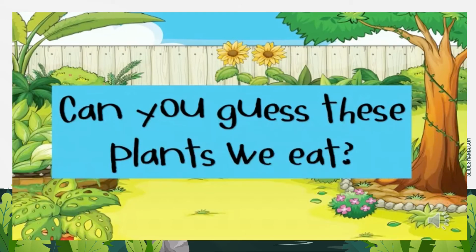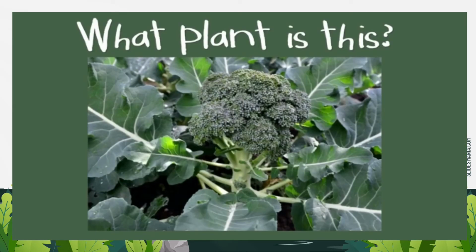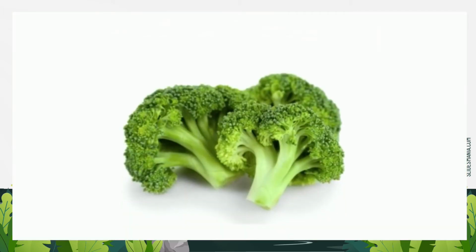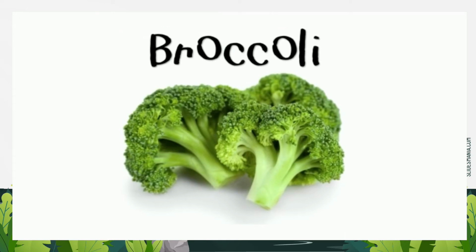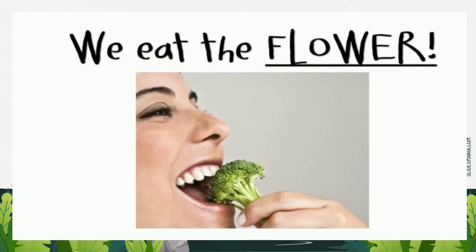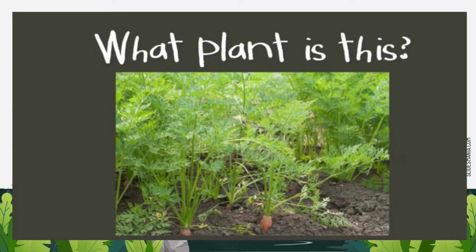Now here you're going to try and guess the plant parts we eat. We know that you eat all different types of plants, right? I mean parts. So what plant is this? What do you think this plant is? Yes, now you get it, right? It's broccoli, and we are eating the flower of this plant.